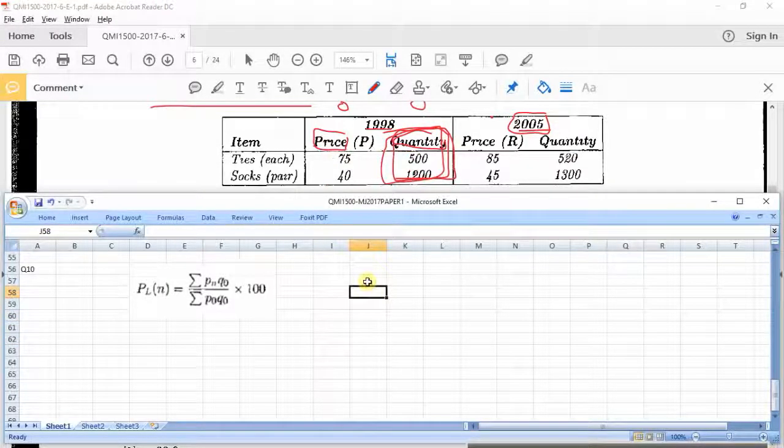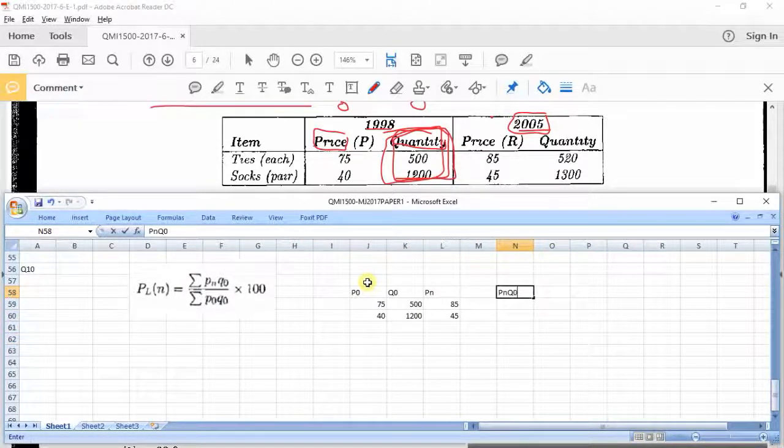Quantity is always Q0, and this is the most important bit because you're always multiplying by those. P0 is this column, 75 and 40. Q0 is 1998: 500 and 1200. PN is the price for N, the year you're looking at, so PN is 85 and 45.